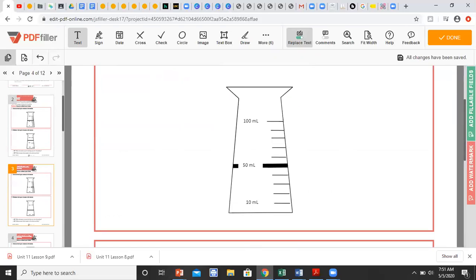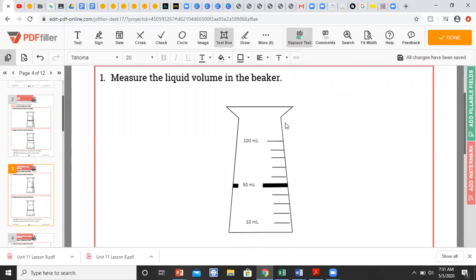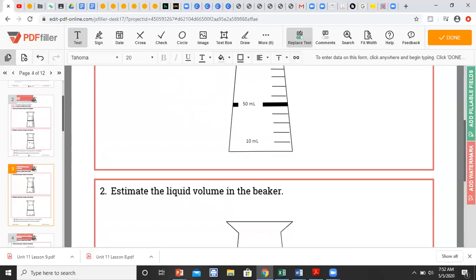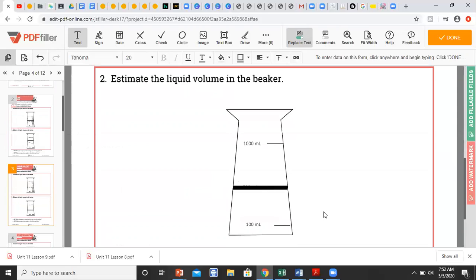So the same thing. Let's count. This is going from 10. So we have 10, 20, 30, 40, 50. That one was pretty straightforward. Okay, 15 milliliters there. And then the second one, we start here at 100, and there we have 1,000.